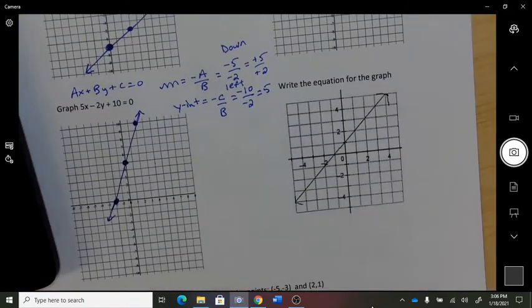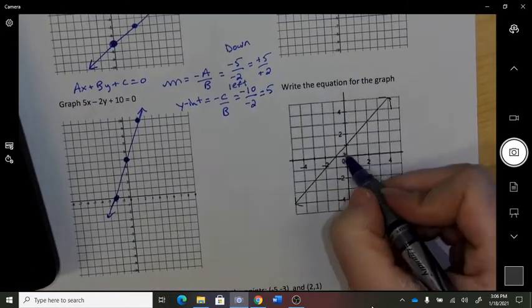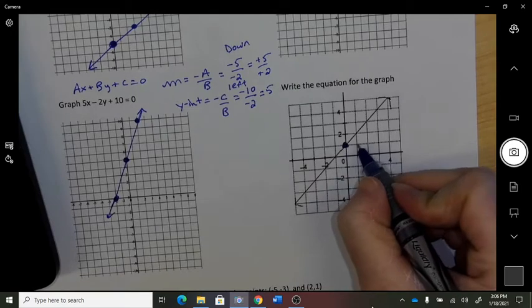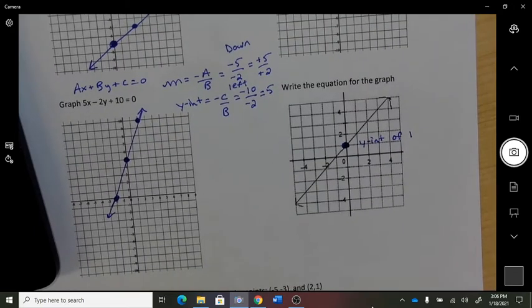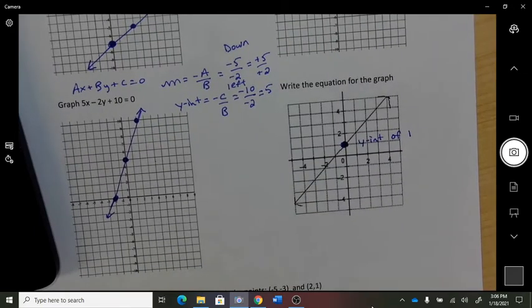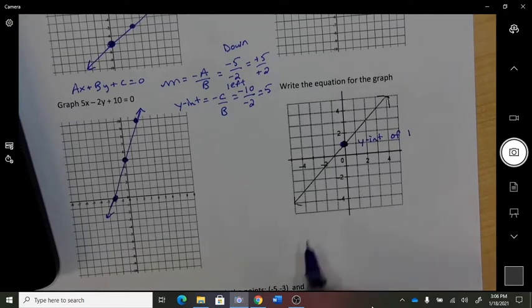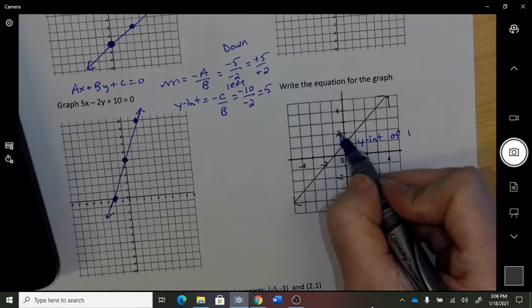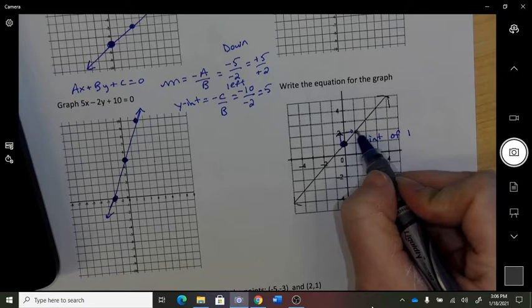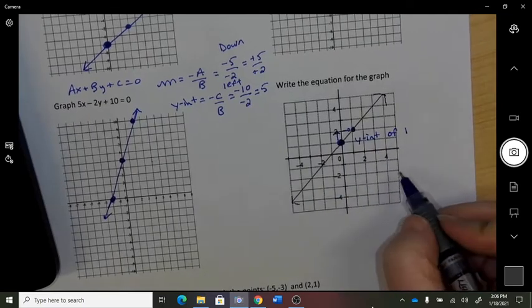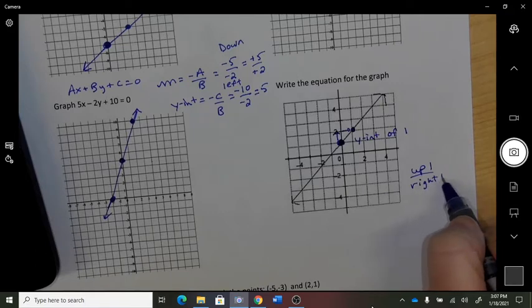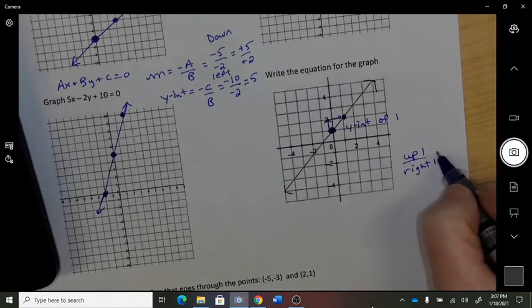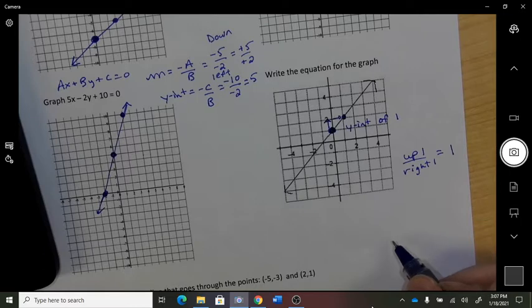Okay. Write the equation of this line. So first of all, I would look at this point, since I have it, a y-intercept of 1. Can you think of how you're rising and running? Up and over gets me to the next point. So what does up 1, right 1 equal? 1.